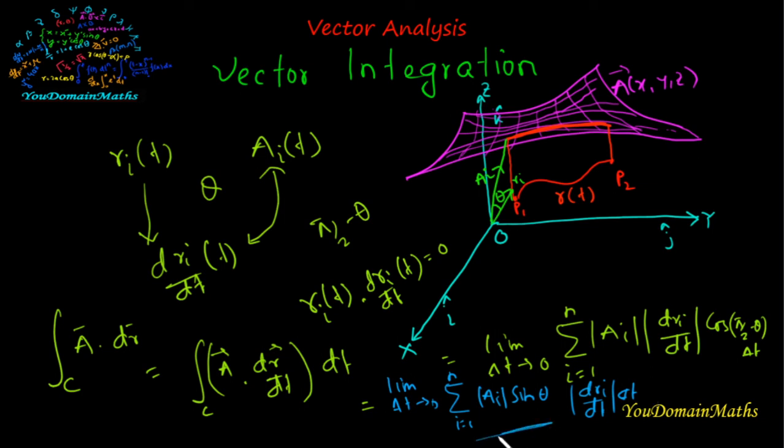This represents the perpendicular distance. A_i cos theta is this length, and A_i sin theta means the perpendicular length, and this is the infinitesimal strip's width.